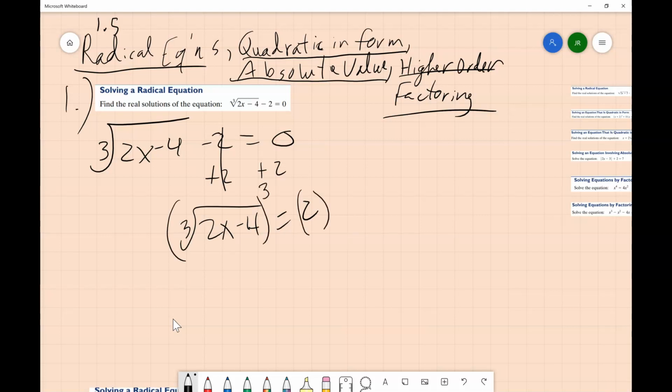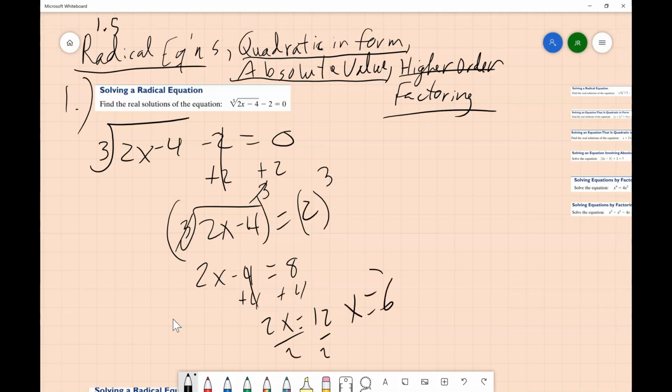As long as I do the same thing to both sides, that's fine. So that cancels out the cube root, and I've got 2x minus 4 equals 2 cubed, which on the right side is 8. Then just add 4 and divide by 2, and x equals 6 in this example.